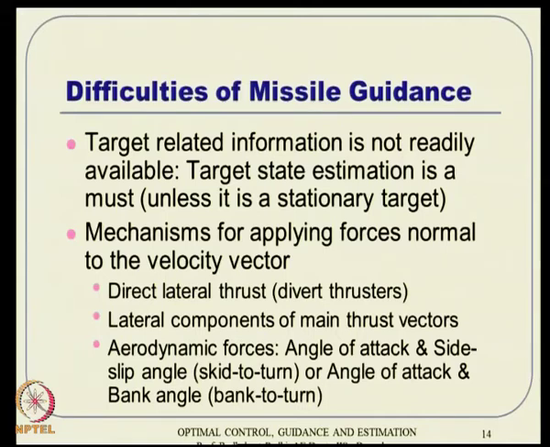So, when you have something like that, you also have longer time for doing your corrections, and because of that there is a concept called bank to turn, where the control influence is given to the vehicle through angle of attack and bank angle commands. So, either you directly generate fin deflections and generate 2 moments in pitch and yaw and directly go there, called skid to turn, or you bank in the appropriate direction and then apply the control. That is called bank to turn.